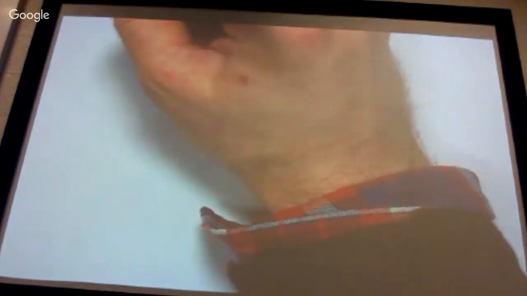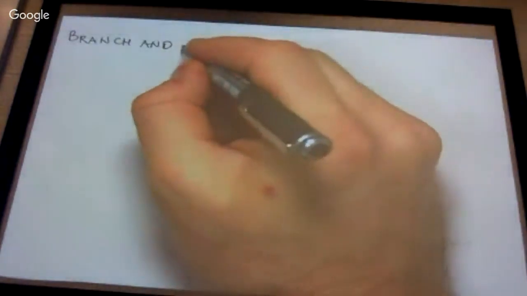There is not much more that we can do other than go through all the possible solutions, but we can try to go through them in a smart way, so perhaps we can save ourselves some work. The algorithm that we're going to look at is called a branch and bound algorithm.